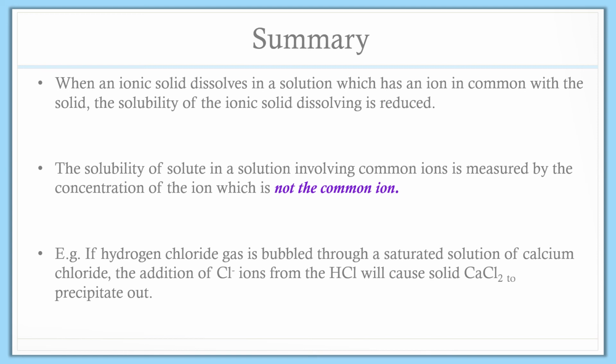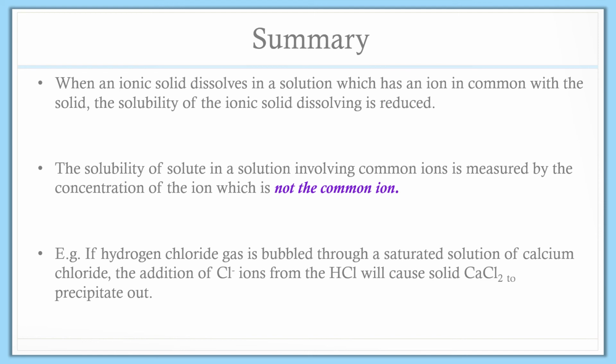So if we're trying to dissolve sodium chloride in something that already has sodium or chloride, not as much of the sodium chloride will dissolve because there's not, I say room, there's plenty of space, but the equilibrium expression doesn't allow that much to dissolve.